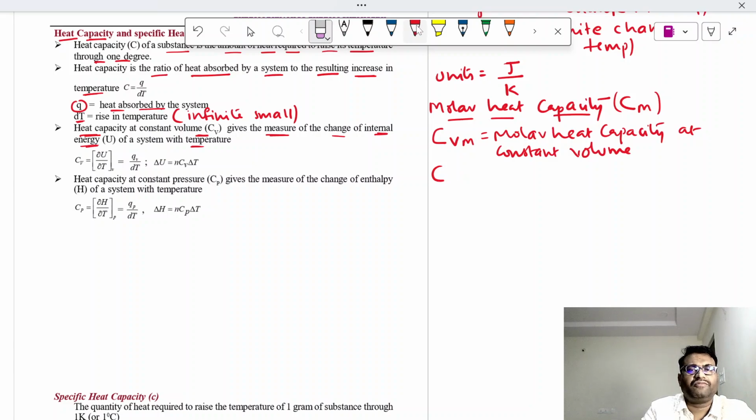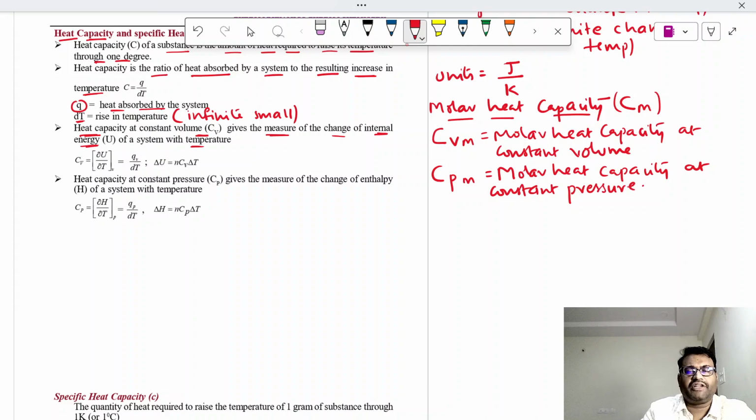CPm represents molar heat capacity at constant pressure. Right?